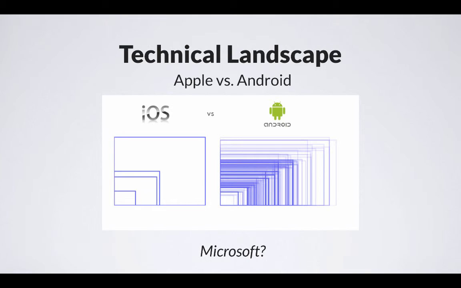In terms of the technical landscape, if there's one takeaway that I'd love for everybody to have from this session, it's this: do all of the upfront work about what's going to be the right mobile solution for you first.